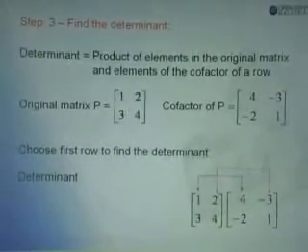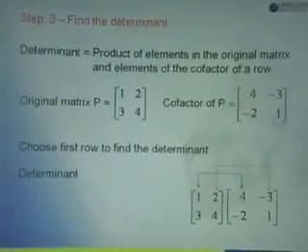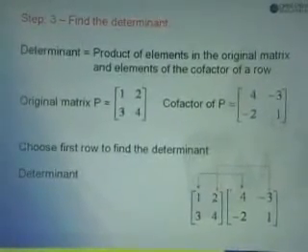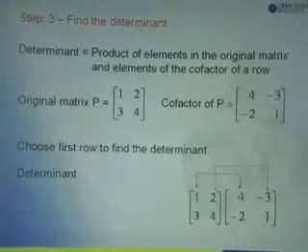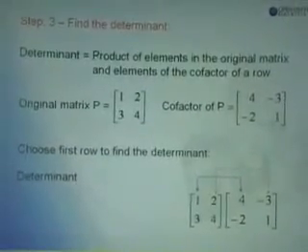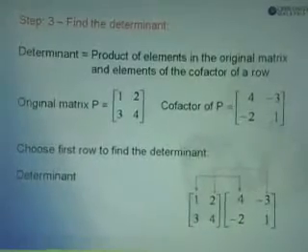As I mentioned just now, for the determinant, we have to take elements in the original matrix times elements in the cofactor based on the same row. So in this example, I'm choosing the first row to find the determinant. So we have 1, 2, 3, 4 here, and then the cofactor we write here.